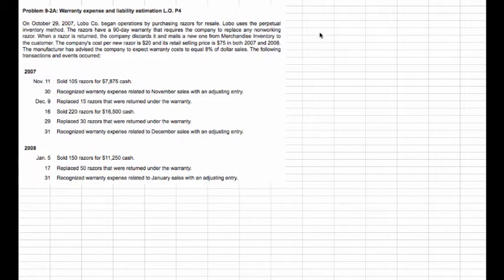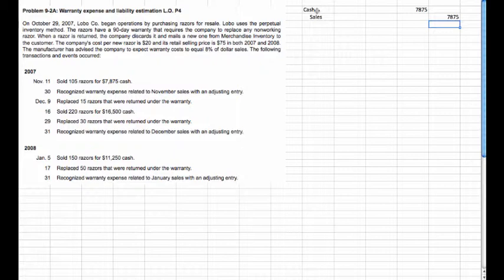The very first transaction in 2007 was that they sell 105 razors for $7,875 in cash. So in essence, we have to recognize the cash. So we're going to debit cash for $7,875. And then we're going to credit sales for the same amount.